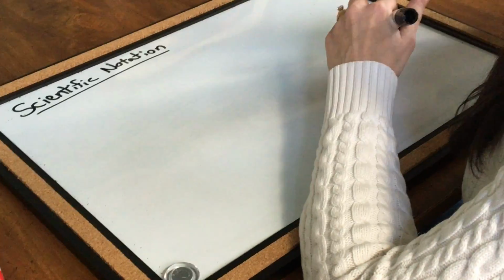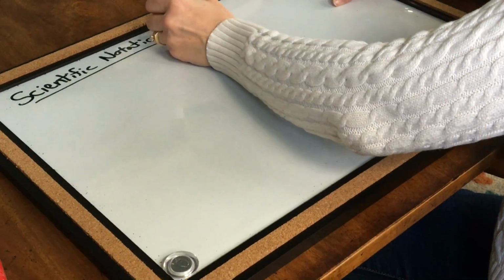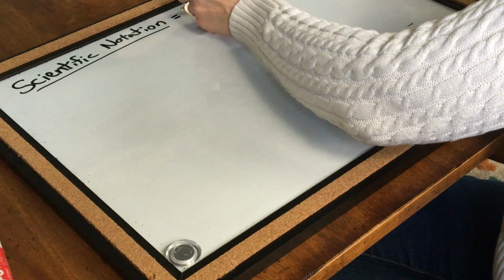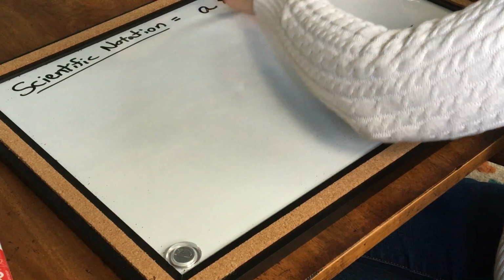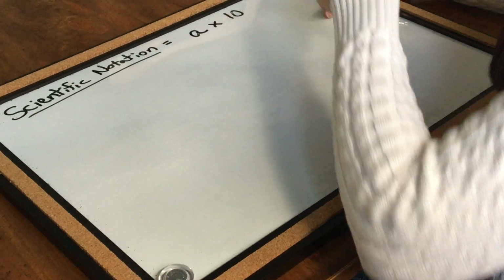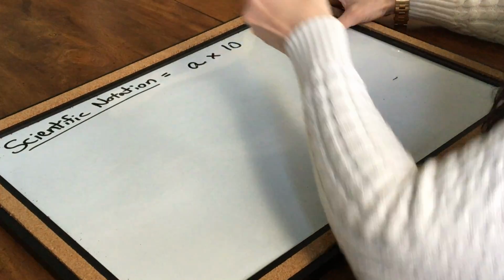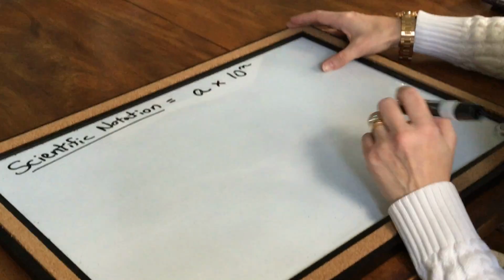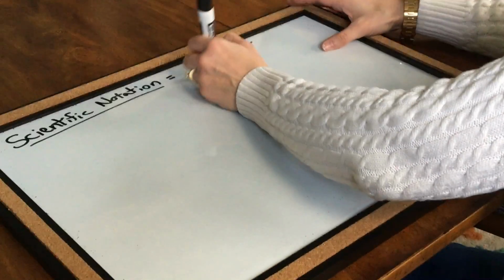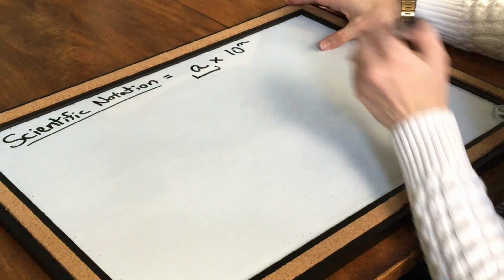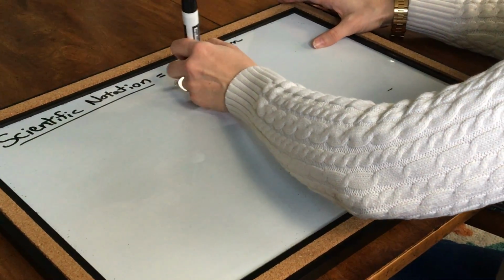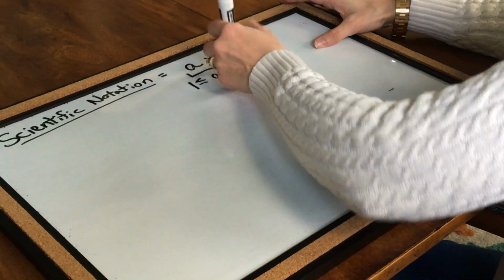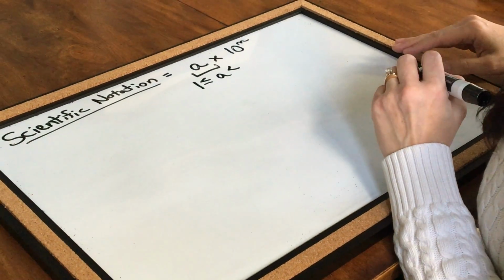Scientific notation is always in the form A times 10 to the n, where n is the exponent. This number A is between 1 and 10, so it can be as low as 1 but it cannot be 10, okay?